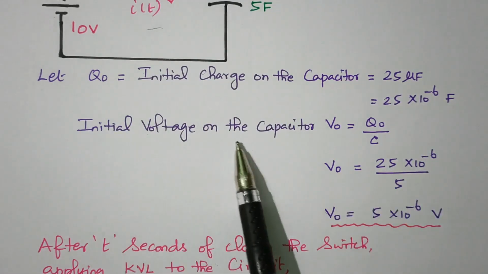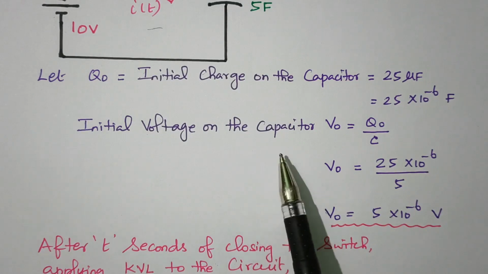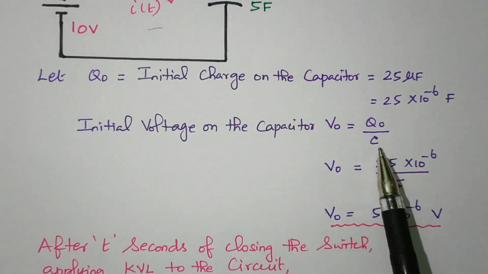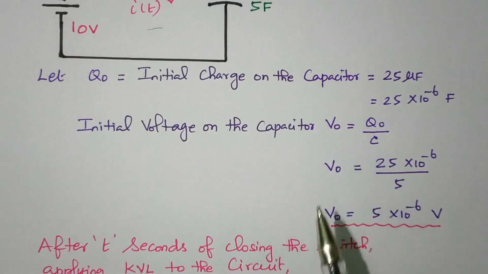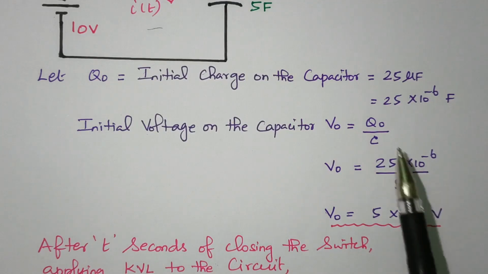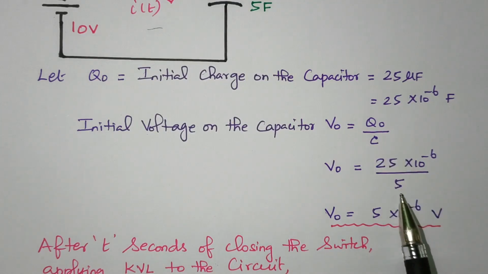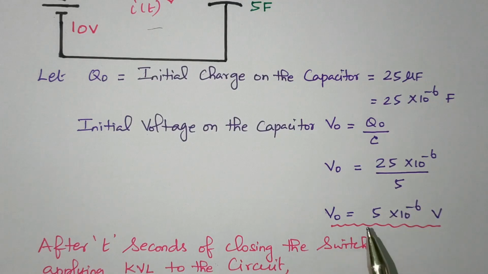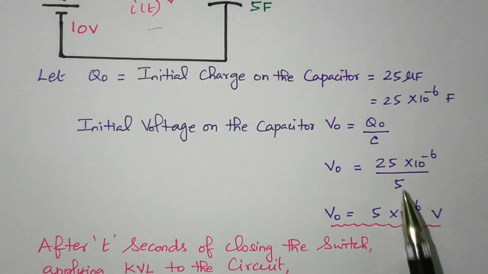So with this initial charge, the initial voltage on the capacitor is V0 equal to Q0 divided by C. These two values are available, so we can easily calculate V0. V0 equal to 25 into 10 to the power minus 6, initial charge, divided by capacitor 5 farad. So 25 divided by 5 is 5. So the initial voltage on the capacitor is 5 into 10 to the power minus 6 volt.